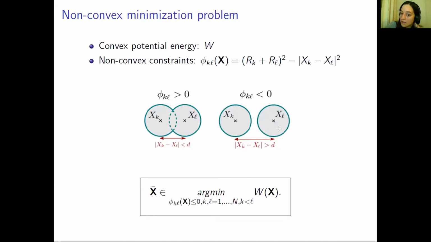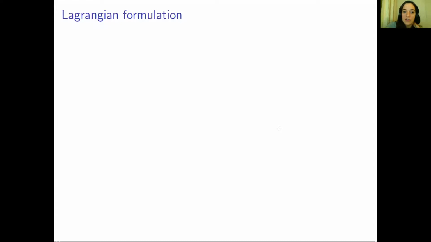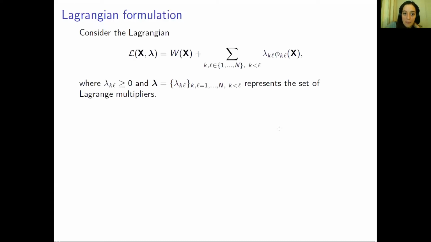Then to solve this problem, we first use a Lagrangian formulation, where we write the Lagrangian as the sum of the potential with the constraints times the Lagrangian multipliers lambda.